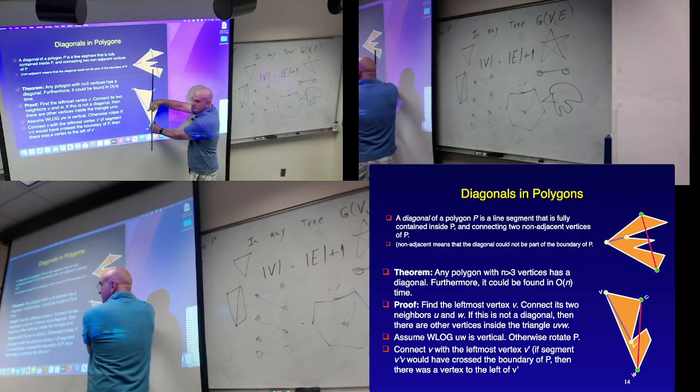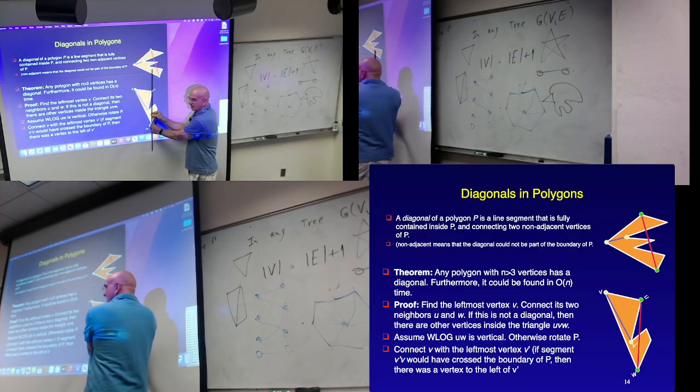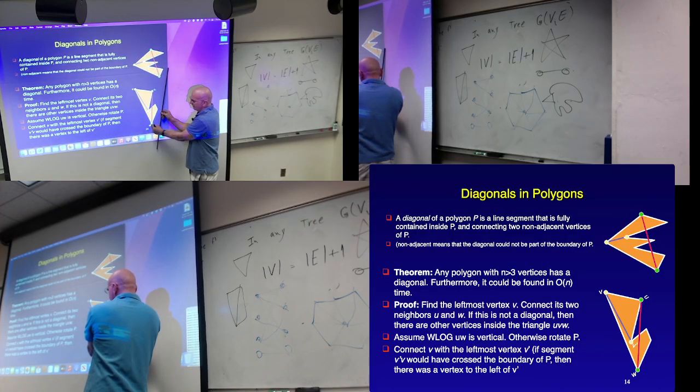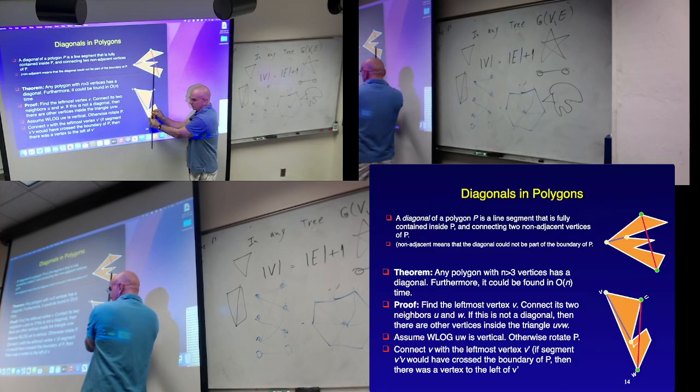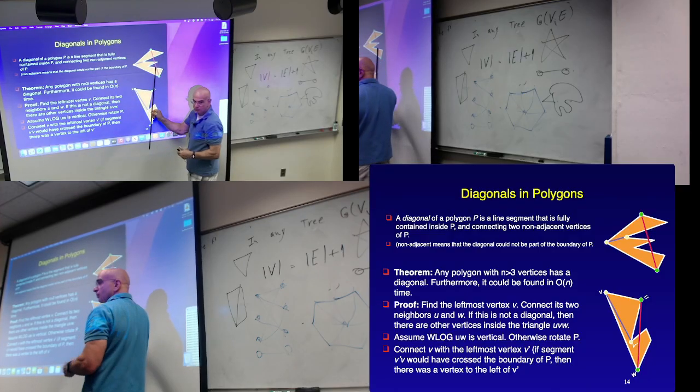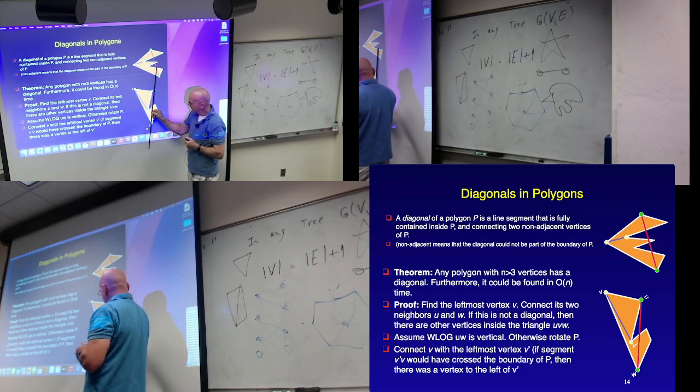There are more pieces of the polygon to the left of this line. Otherwise U could have seen W. Why doesn't U see W? There are some pieces of the polygon that obscure them, and these pieces cannot be the two edges that come from U to W. By definition, they are straight lines. There is some other part.